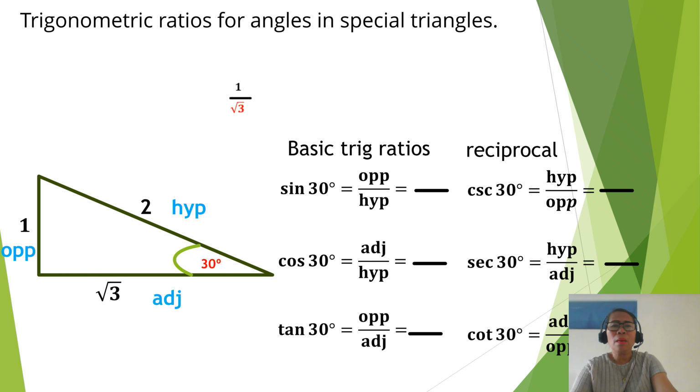Okay? So now I want you to try to recall the special right triangle theorem, which is the 30, 60, 90 and the 45, 45, 90.